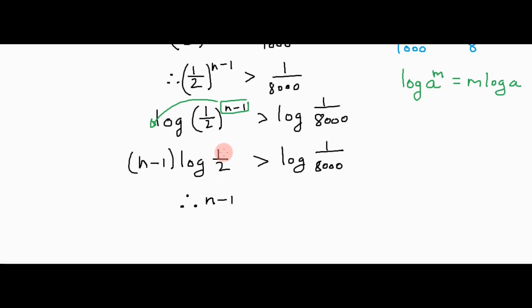Now, here, the argument, in other words, if we have the log of x, then x is called the argument. Here, the argument is between 0 and 1. So the log of a half will be negative. And since we have an inequality and we're dividing through by a negative number, the inequality switches around.